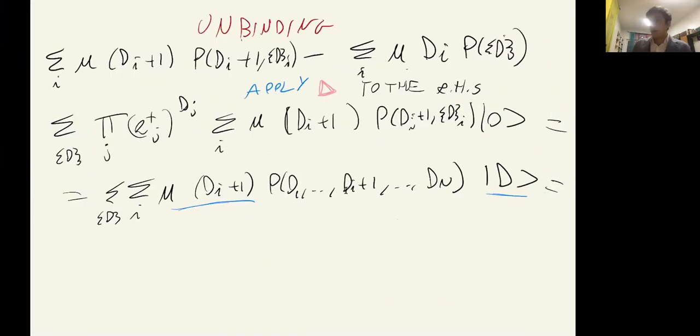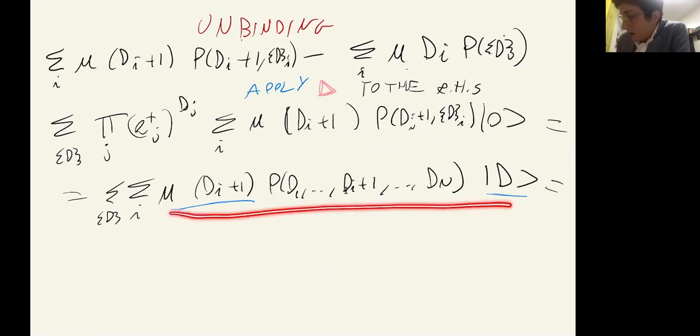And let's look, for example, at the first term, the unbinding at the beginning, which is easier. When you apply it to the unbinding, of course, we apply the pink that we had before, and you will have a term that would look like this. In particular, let's just focus on this part.